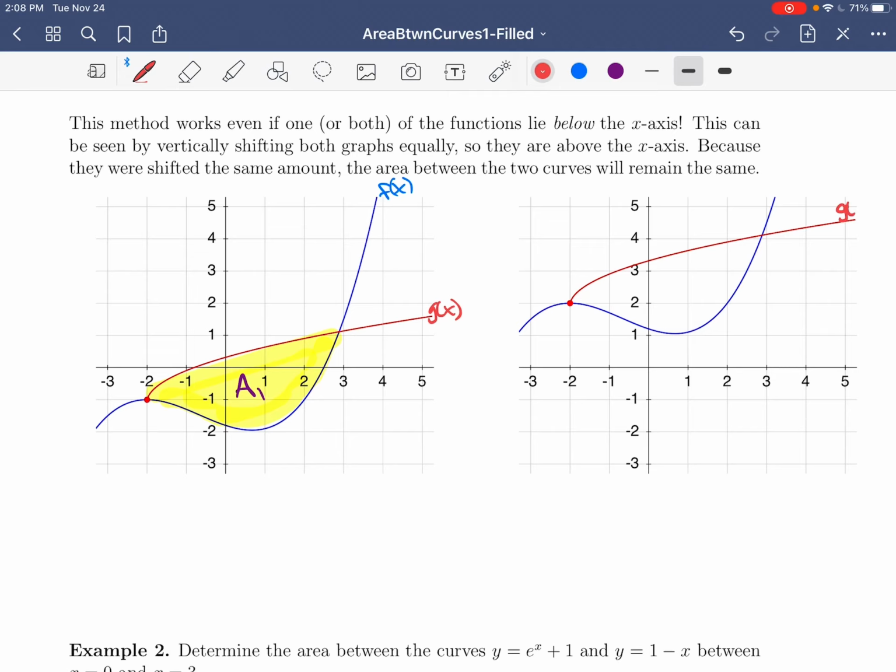Then this one is g of x plus 3, and this one is f of x plus 3. And we can see that all I've done is shift it up by 3. So the area should be the same. So I'm going to call this A2, but they should be the same area.